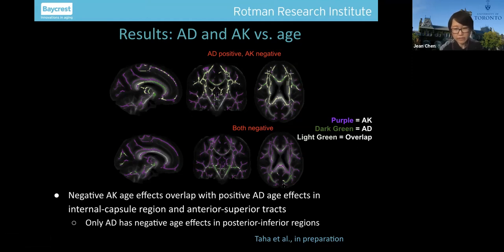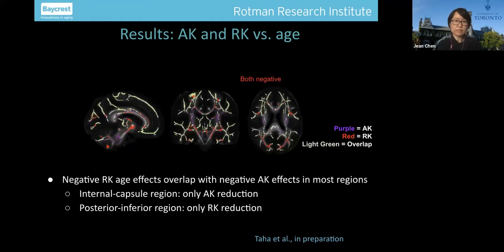But in the posterior inferior tract that we were so interested in, we only see a negative AD age effect, but no effect coming from axial kurtosis. So the kurtosis in this region is not really changing. Not really varying with age. Next is to compare axial kurtosis versus radial kurtosis. So these going in different directions of the axon.